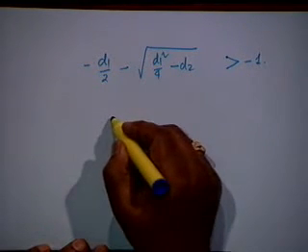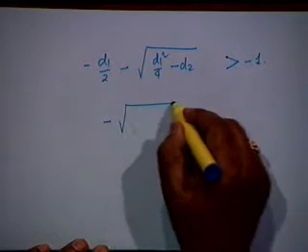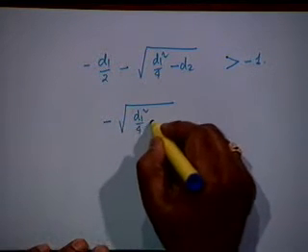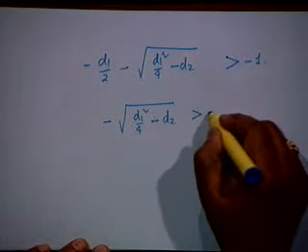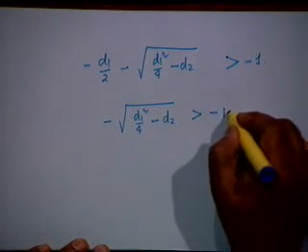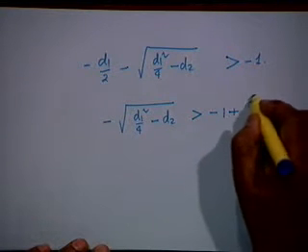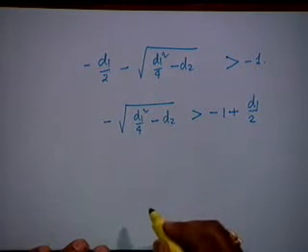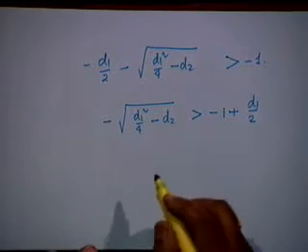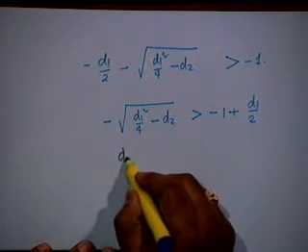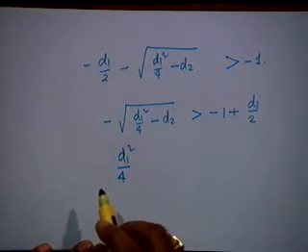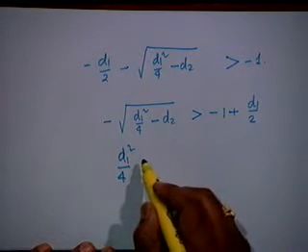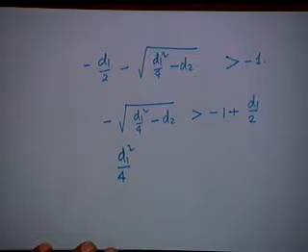Therefore, minus square root of d1 square by 4 minus d2 should be greater than minus 1 plus d1 by 2. Now, if I square both sides, there is a problem of sign.